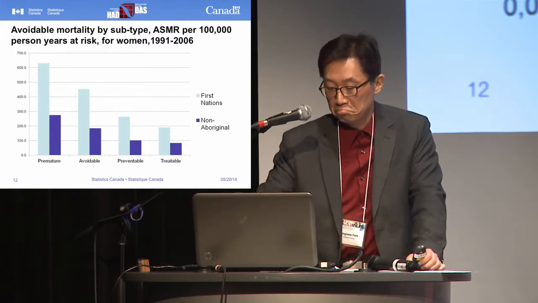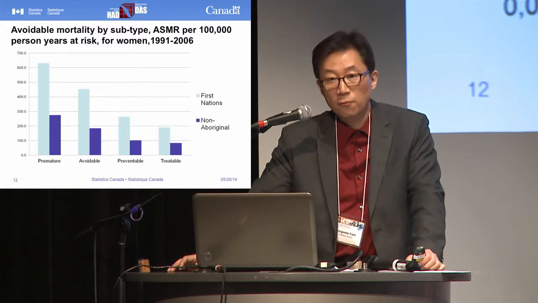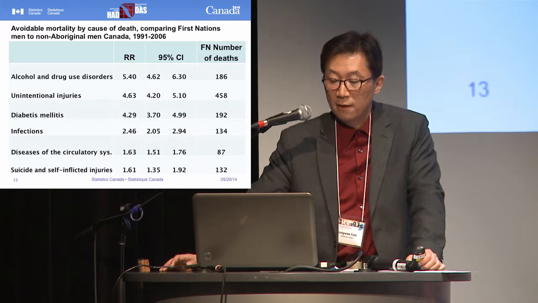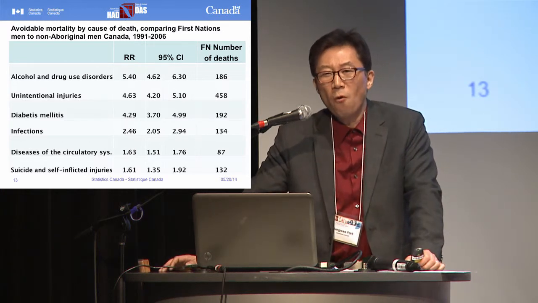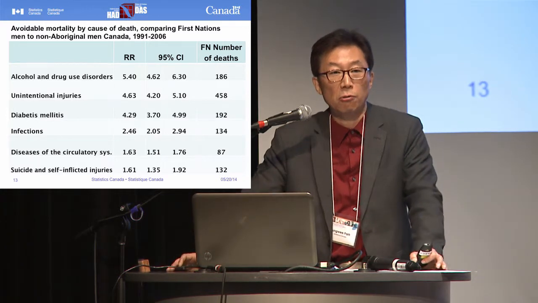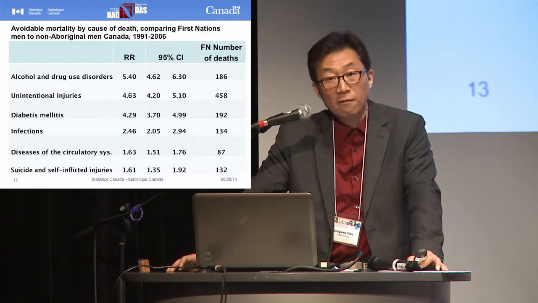So this is the mortality rate for premature, avoidable, preventable, and treatable death. And we'd like to know more about it. The previous slides show the general trend of the level of mortality.